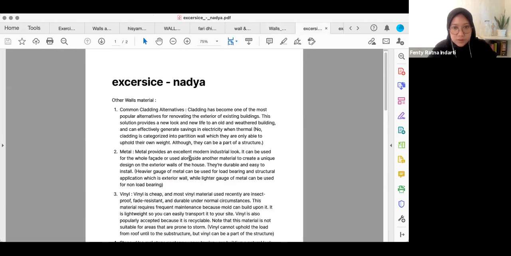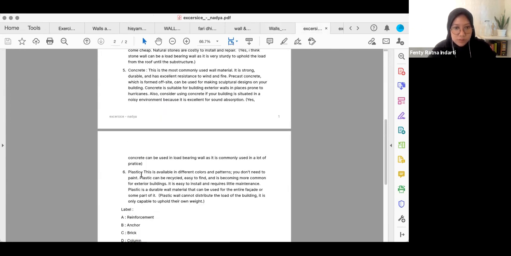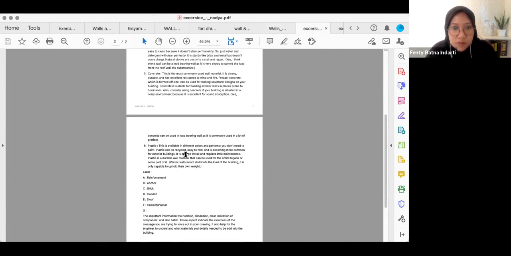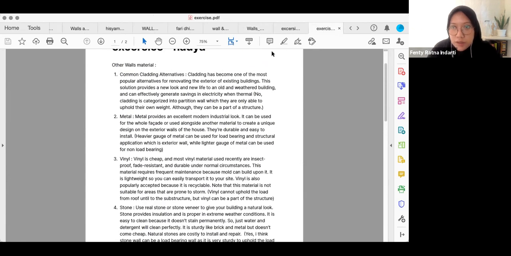Common cladding alternatives. Okay, you mentioned cladding, so it's related to metal, vinyl, stone, concrete. Okay, plastic. And then the load bearing wall. Where is it? Okay, so next we have this one. Glass. Okay, mycelium, a type of fungus. Oh yes, mycelium, bamboo, and hay.